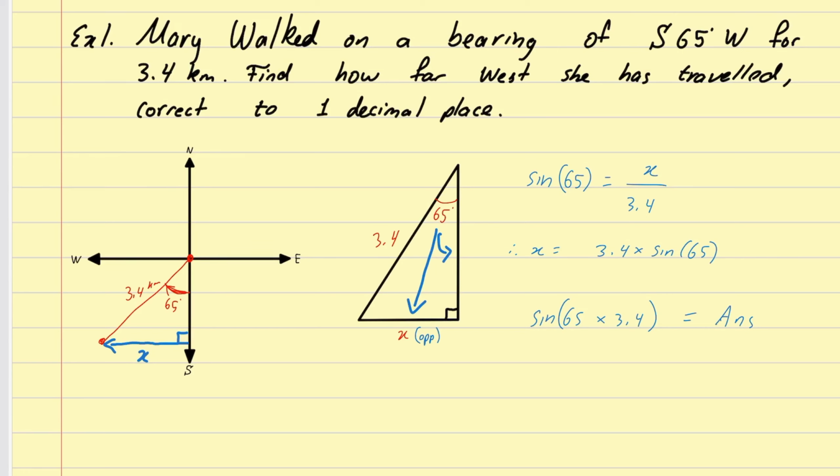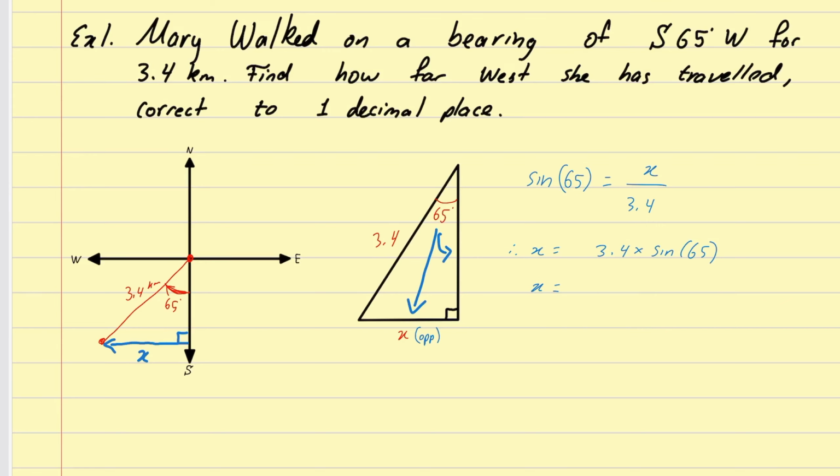Whereas what we're trying to do is multiply sine of the angle by 3.4. So the whole thing there is being multiplied by 3.4. So don't ever get confused with that. We're not multiplying the angle, rather we're multiplying the sine of the angle.